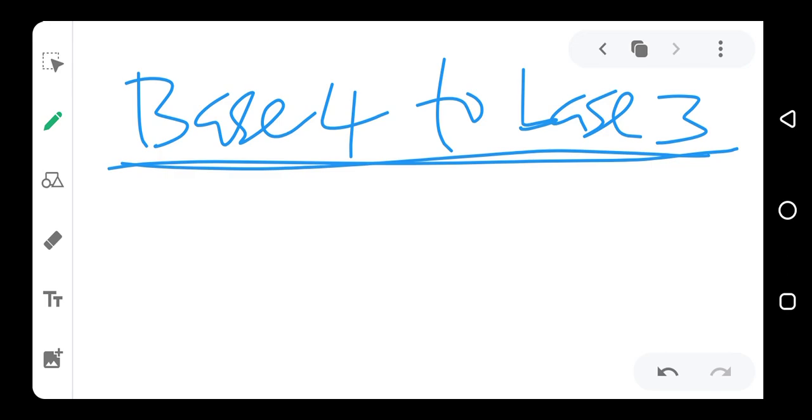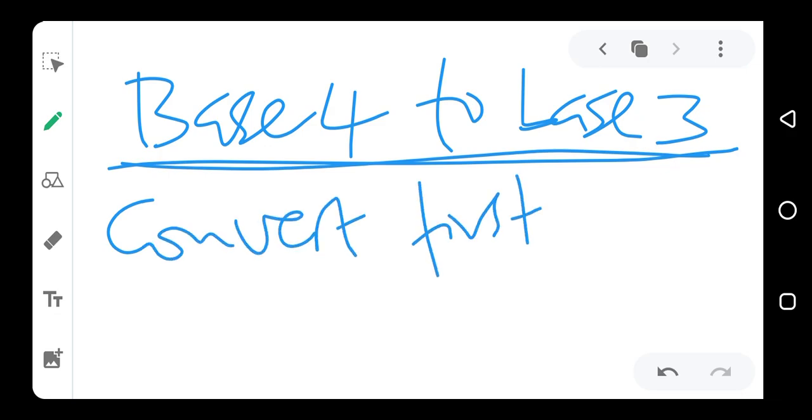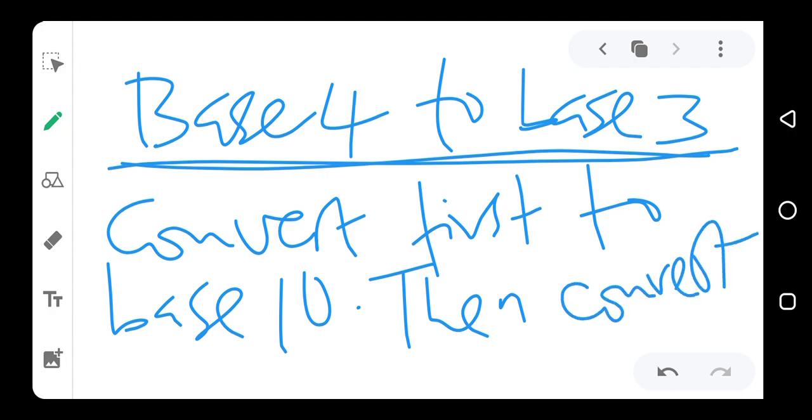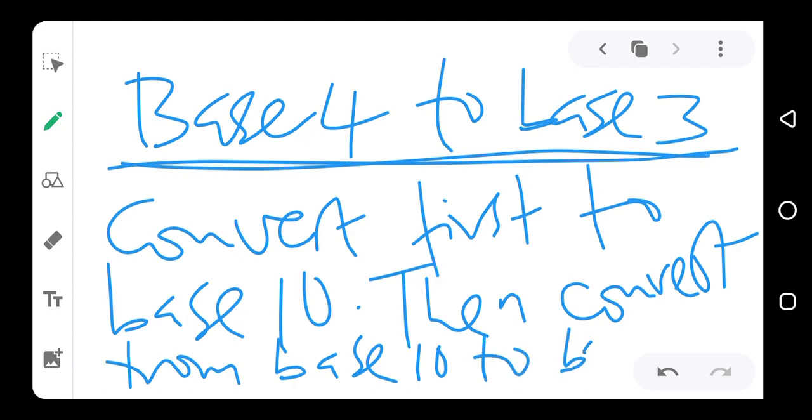First of all, the same thing we did for converting from base 2 to base 4. Convert first to base 10, then convert from base 10 to base 3.